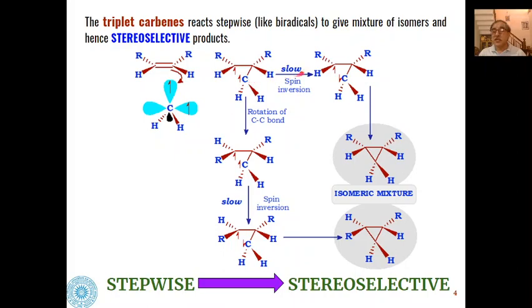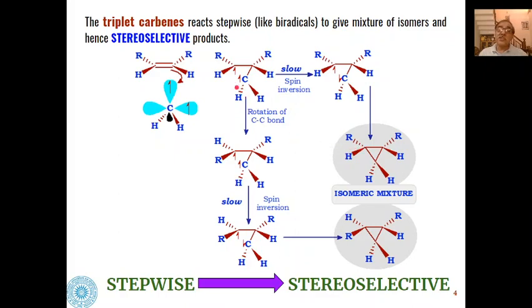One is that in a slow step, the spin inversion at the carbene carbon can take place, and when spin inversion takes place over here, now these two electrons have anti-parallel spin, and that is why formation of the carbon-carbon bond takes place, and we will get this type of isomer when the product is formed through this route.